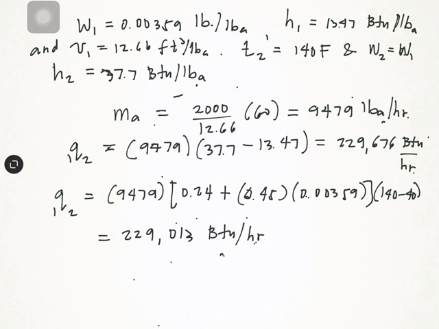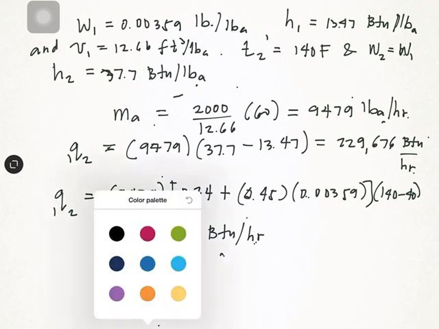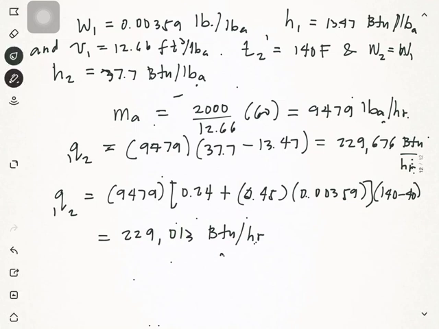So for the steam, by steam tables, we have the HG, this is 1153.4 BTU per pound.